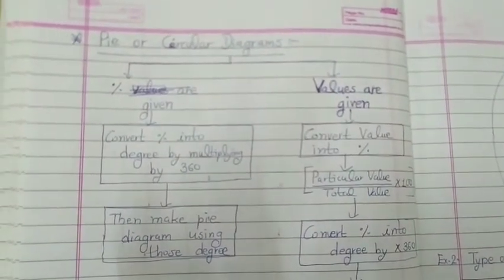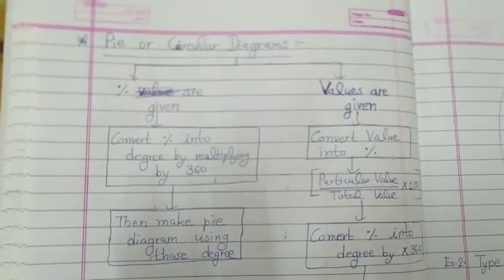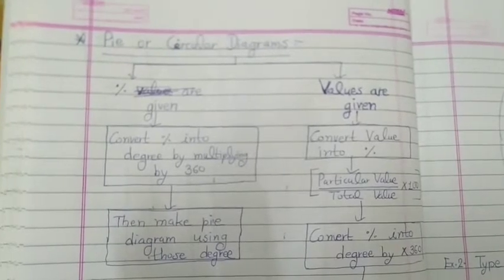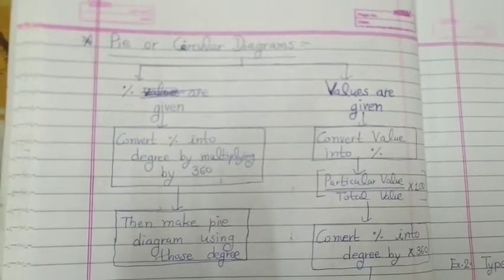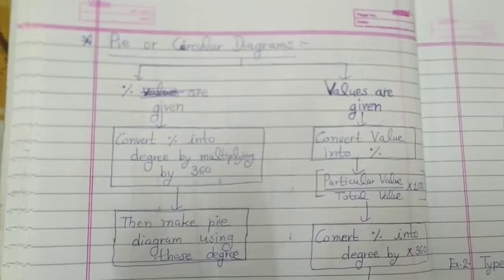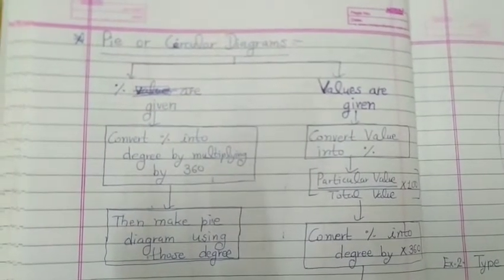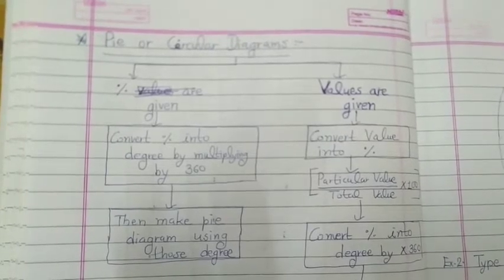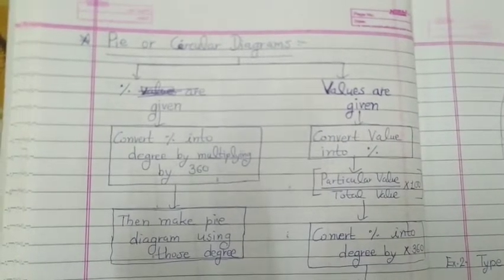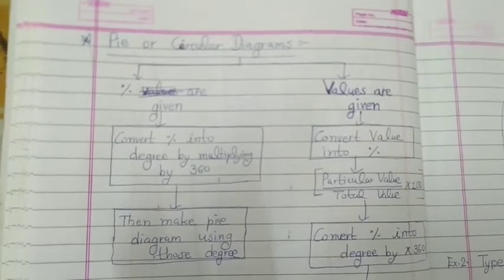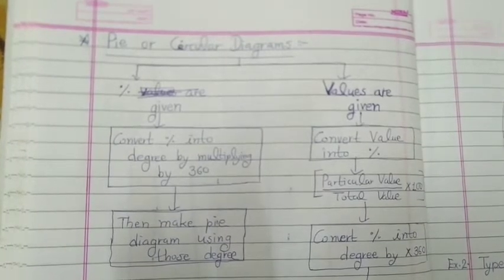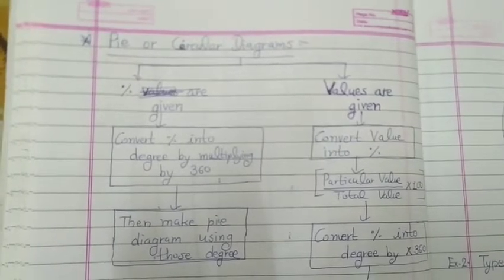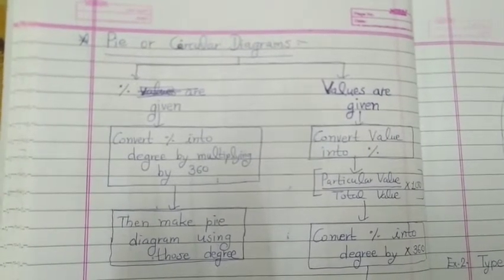When percentages are given, then we have to convert those percentages into degrees. We all know that in a circle there are 360 degrees. Now, to convert those percentages into degrees, we have to multiply those percentages by 360 so that we can calculate our degrees, and from those degrees we have to make the pie diagram.